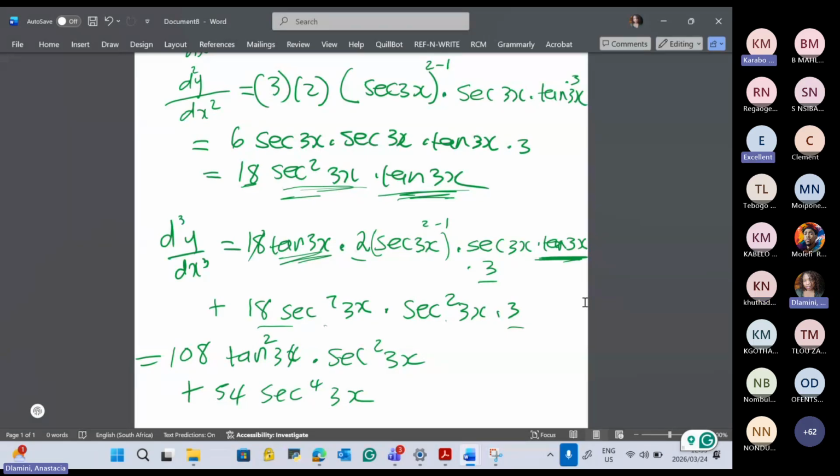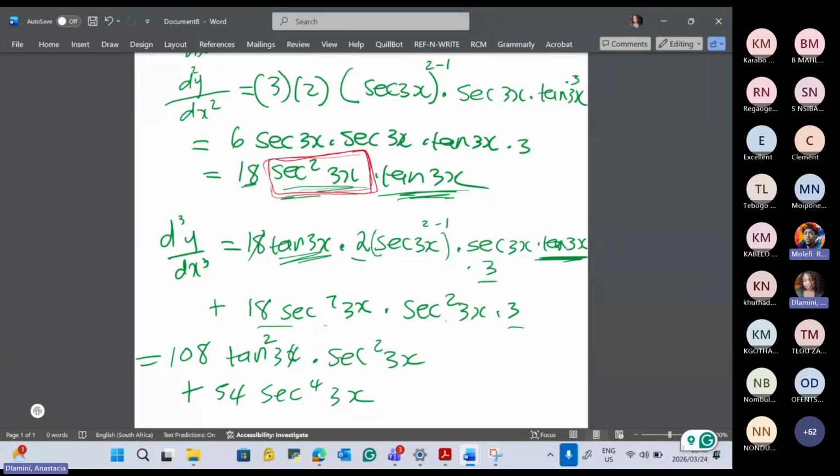Okay, ma'am, this is what I noticed. If we differentiate this part, we can also change this into an identity to make it simple. So there are two ways of doing it. We can change this into an identity, or we can continue differentiating like this.